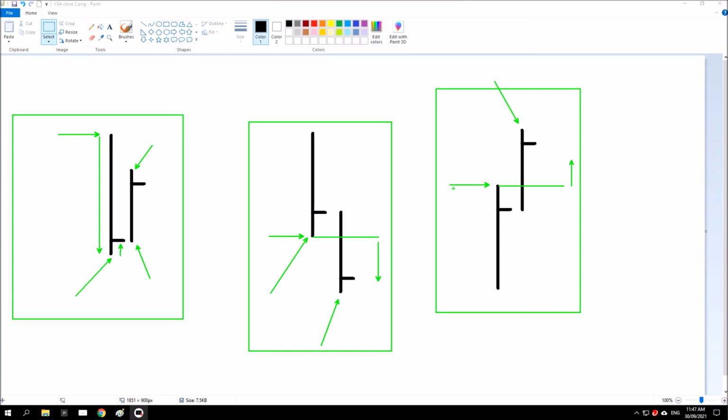In the first example, the sellers took control and broke below the previous bar's low. In the second, the buyers took control and broke above the previous bar's high. These are very simple 2-bar combinations, but you need to understand the principles that are happening in the market, and from there we can work to more complex outcomes.